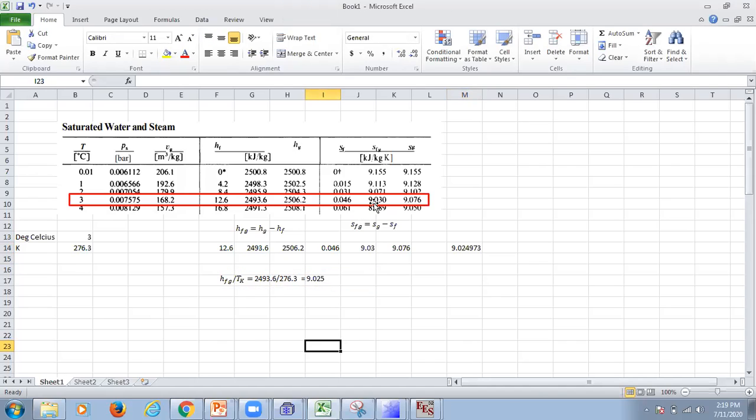It's almost 9.03, so this is almost sfg.